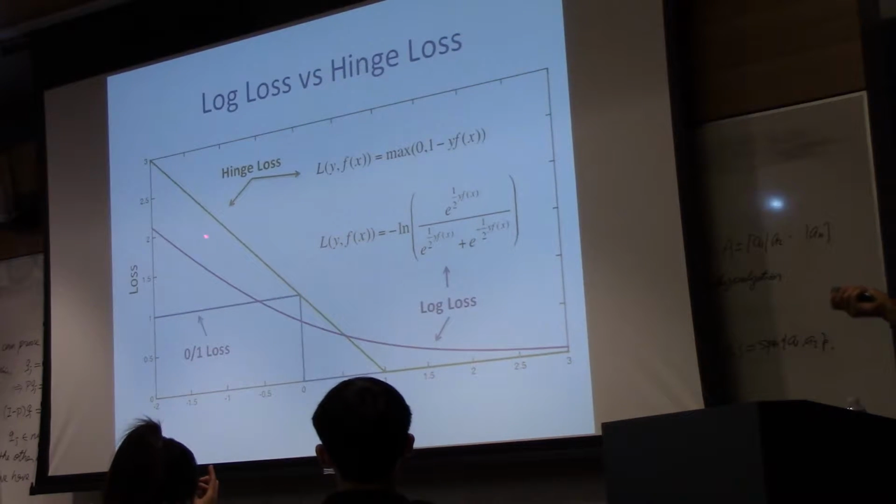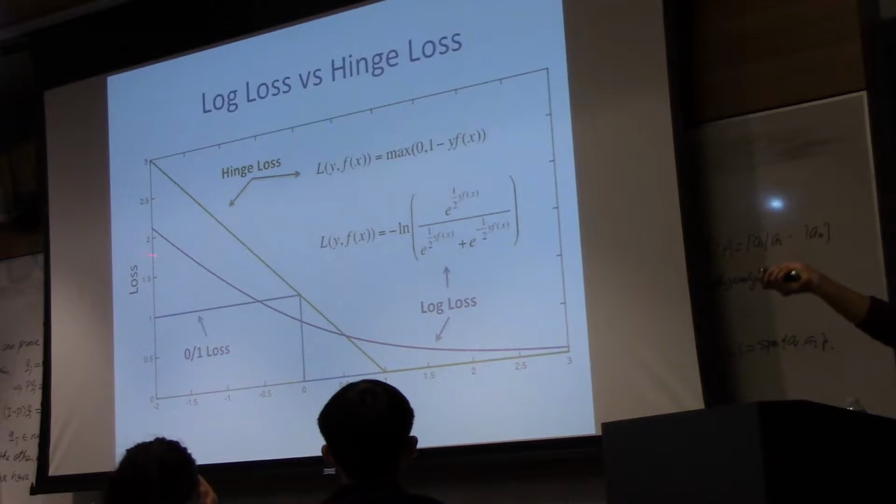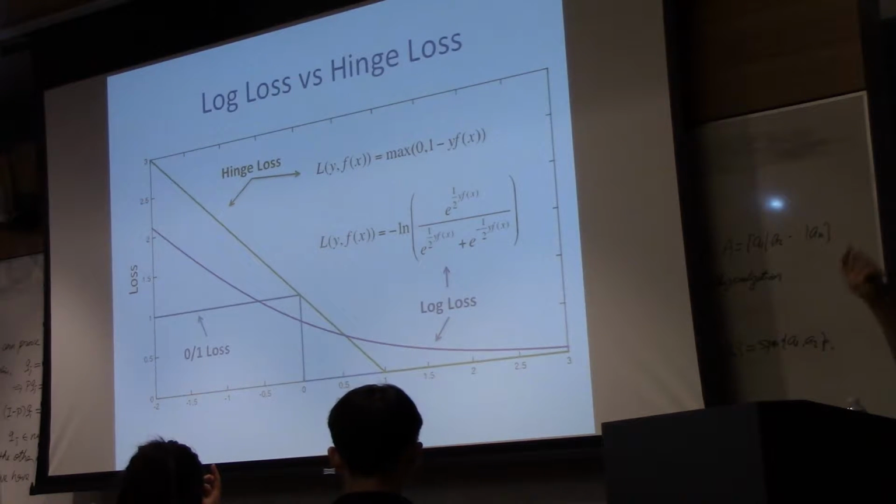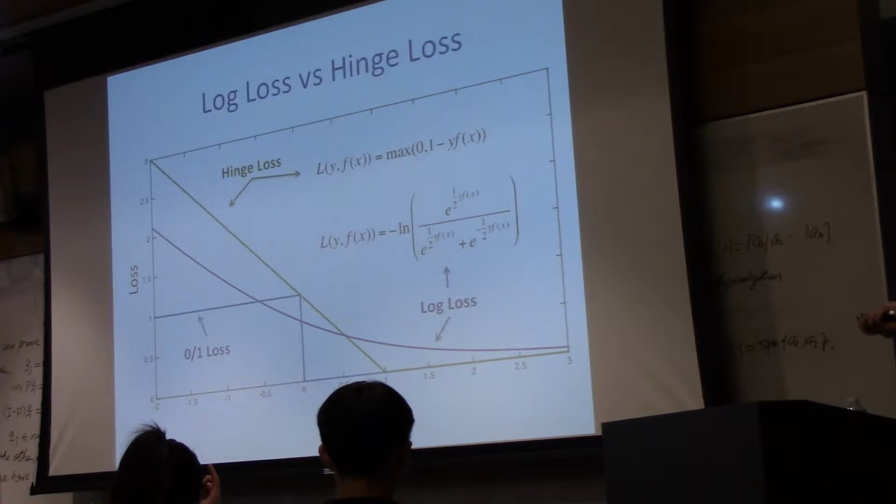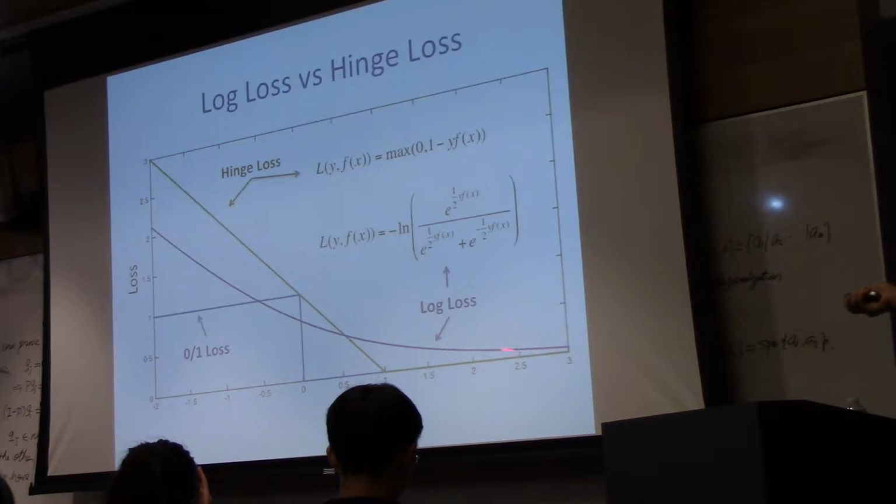If you take the score to the limit of being super negative, both become linear functions. They're both linearly increasing in the limit of really poor predictions. As you make better and better predictions, the hinge loss actually decreases much more sharply than the log loss does, and the log loss decreases very, very slowly.